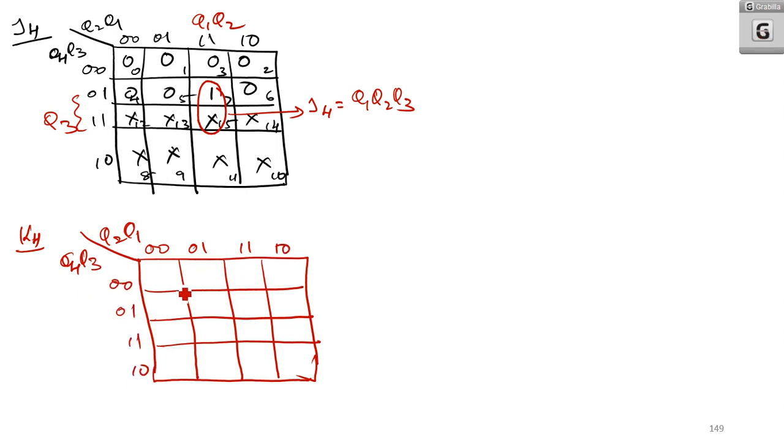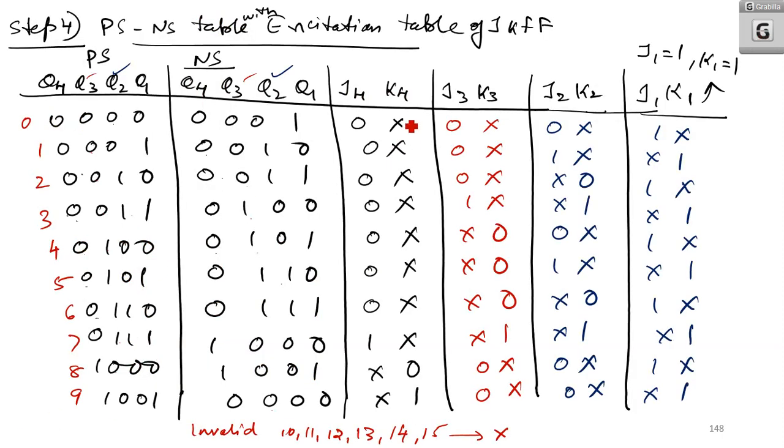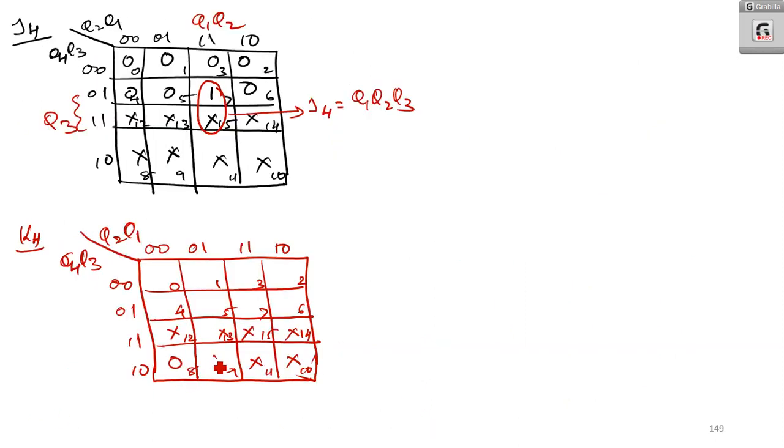Here we have 0 to 15. Directly you can say 10, 11, 12, 13, 14 and 15 are don't cares. Now for K4, 8 is 0, 9 is 1. All others are don't care.